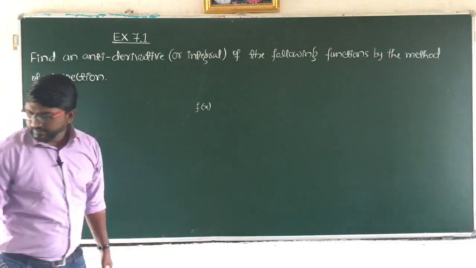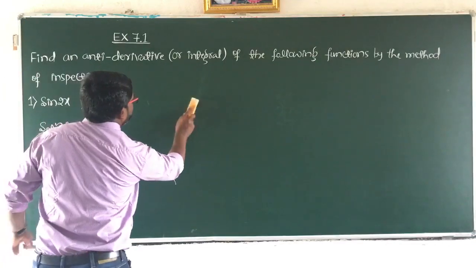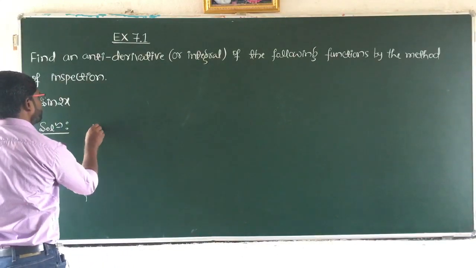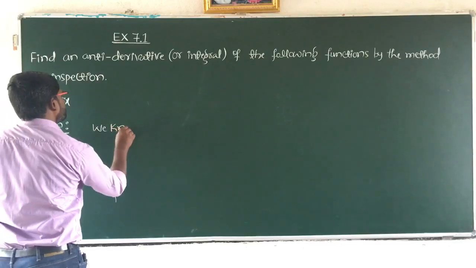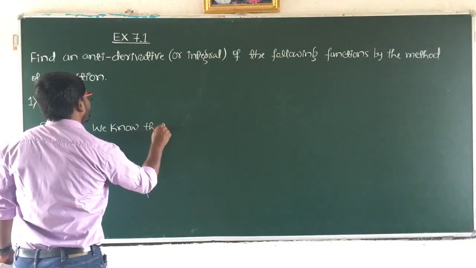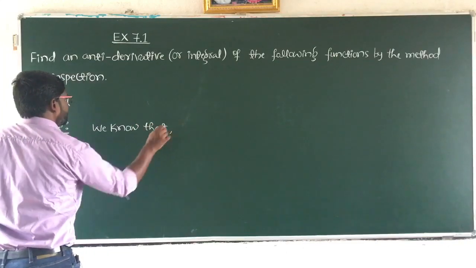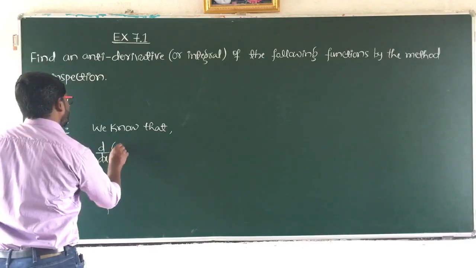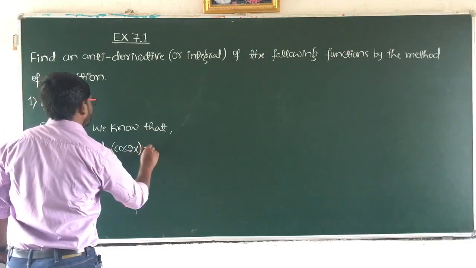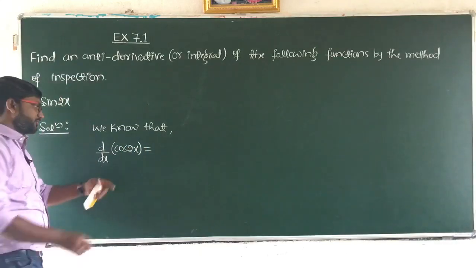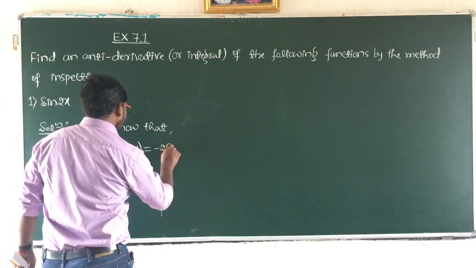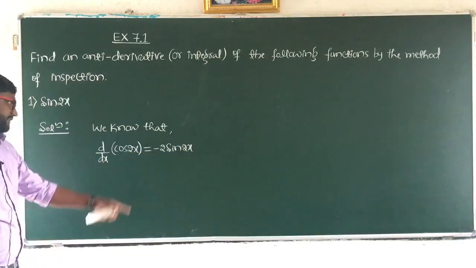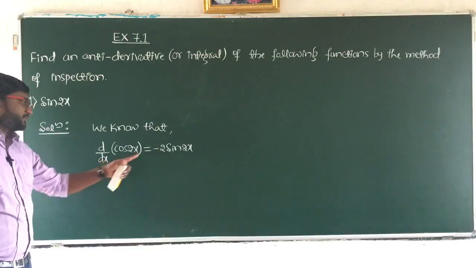See here, we know that d by dx of cos 2x is equal to minus 2 sin 2x. Now take minus 2 to the LHS, it goes to the denominator.